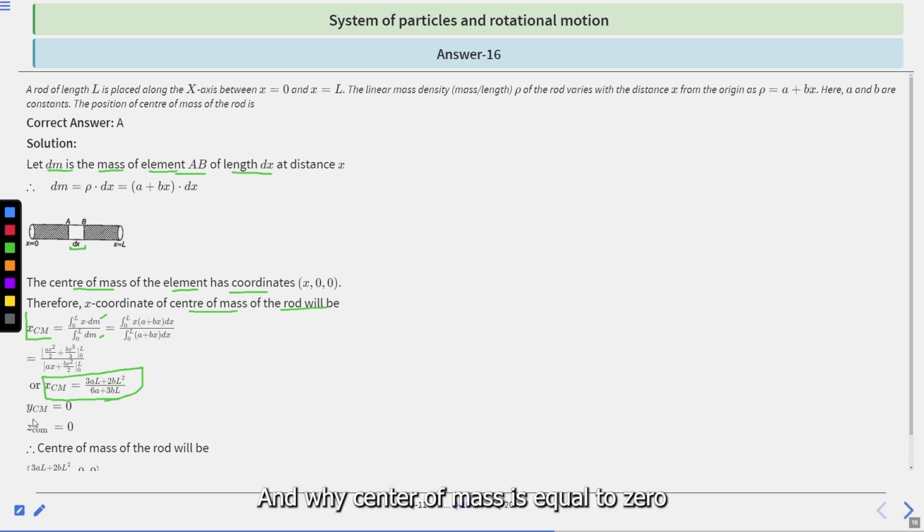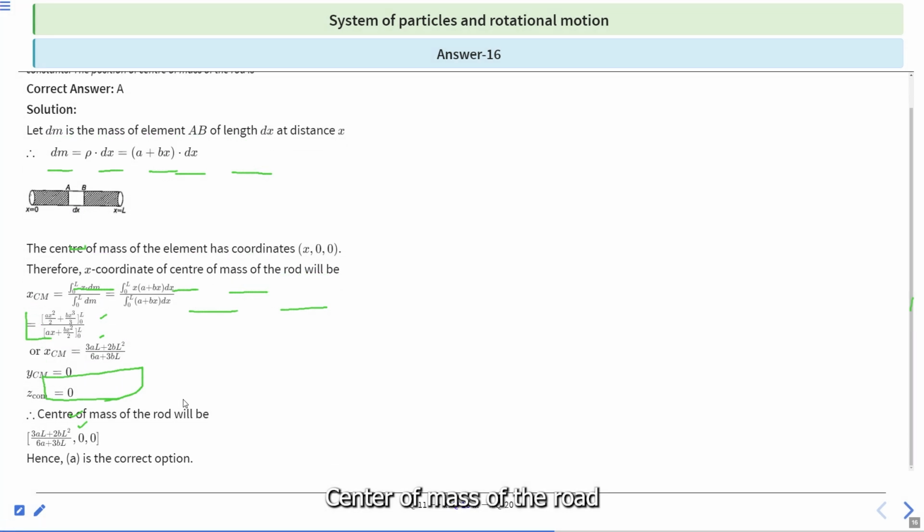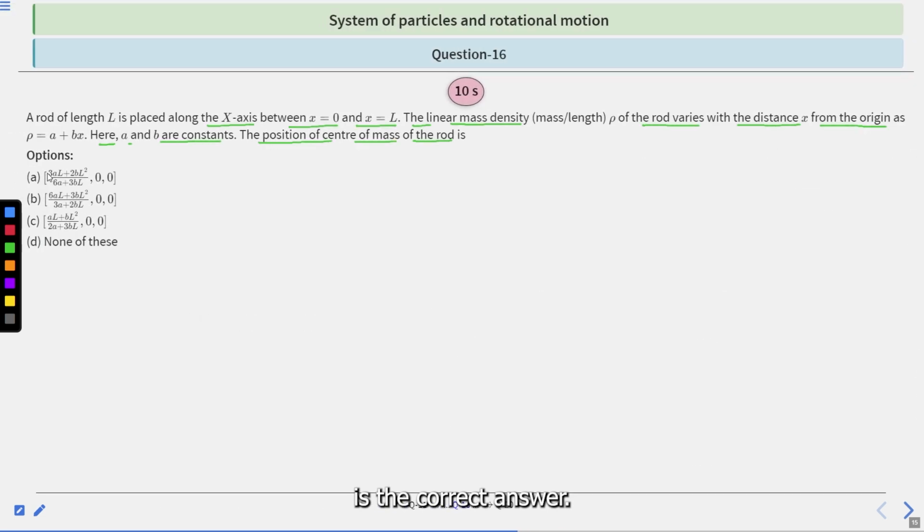Clear? And y center of mass is equal to 0 and z center of mass is equal to 0. Clear? The center of mass of the rod is 3al plus 2bl square divided by 6a plus 3bl, 0, 0. Clear? So the correct answer is A. A is the correct answer. Clear?